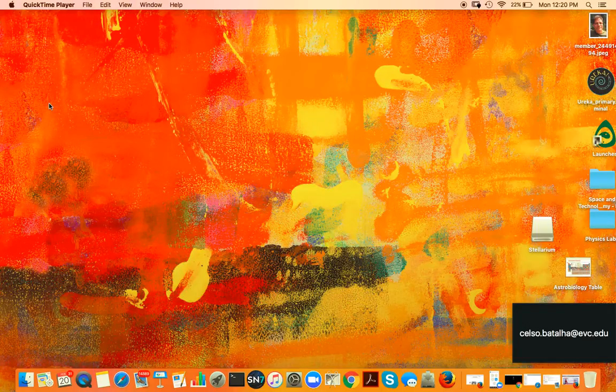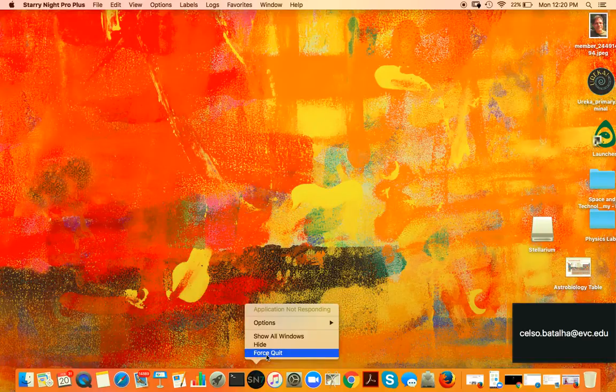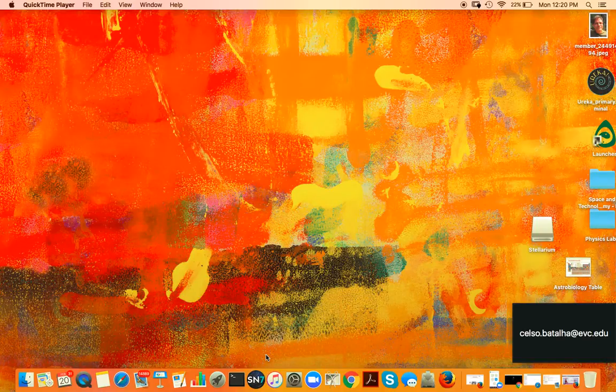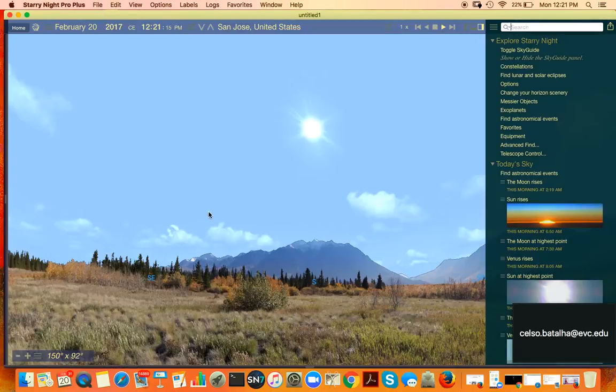Quit Starry Night and start again. Well, I basically was going to look north, but see if I can bring it up again. There you go. Okay, February 20, 2021, that's the time of the day now.